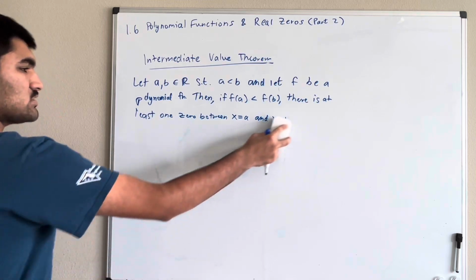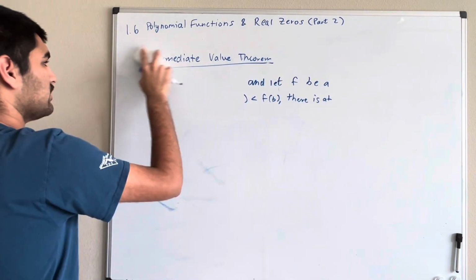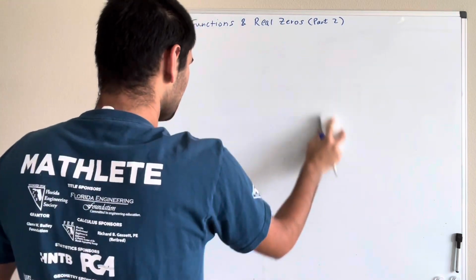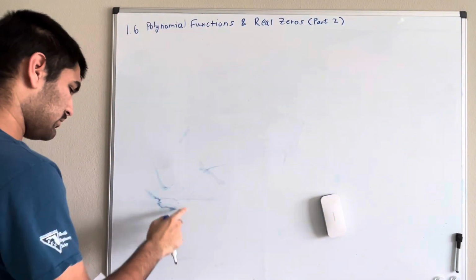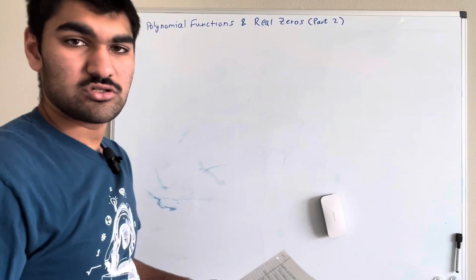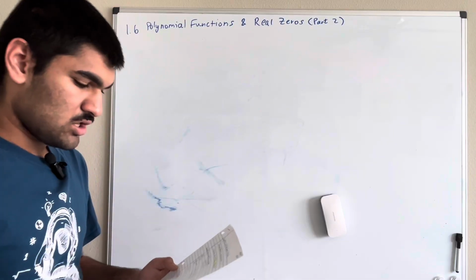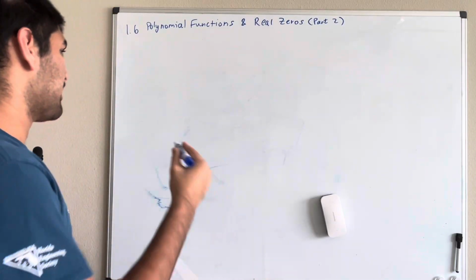With this notion in mind, it will help us explain the method used to find irrational zeros. It's a numerical method called the bisection method.